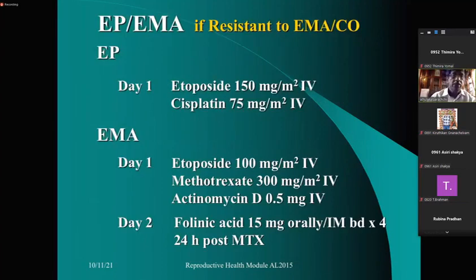So don't worry about these regimes, just to know that low risk patients are treated with methotrexate, a single agent. High risk patients are treated with multiple agents, including methotrexate, etoposide, actinomycin, and so on. Don't worry about these exact regimes because they can keep on changing as well.